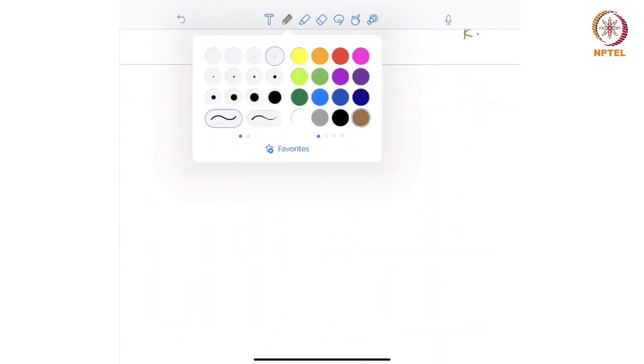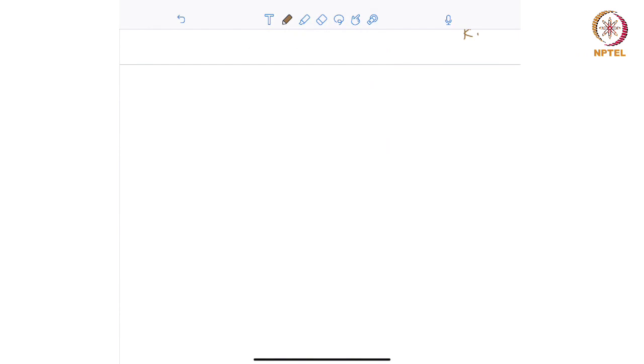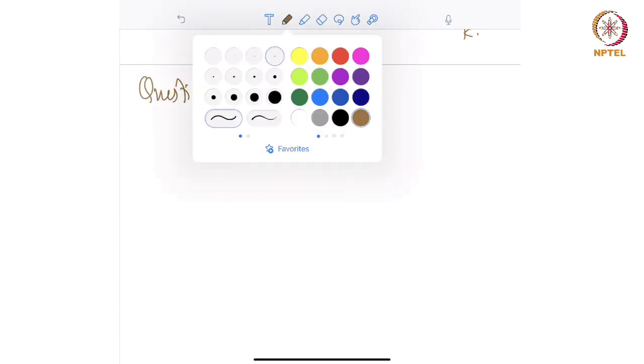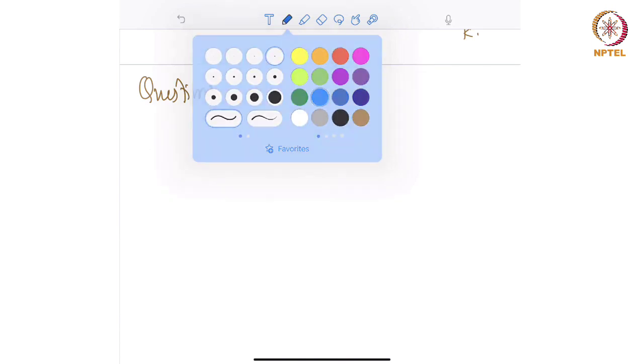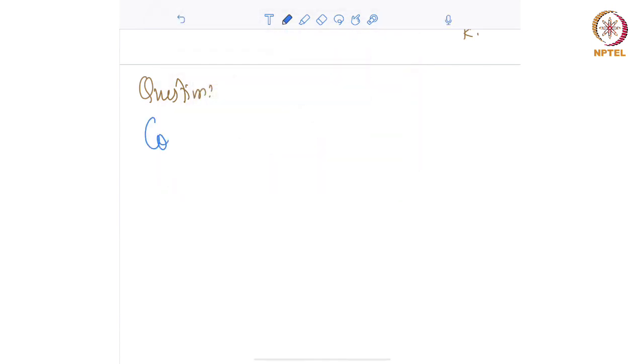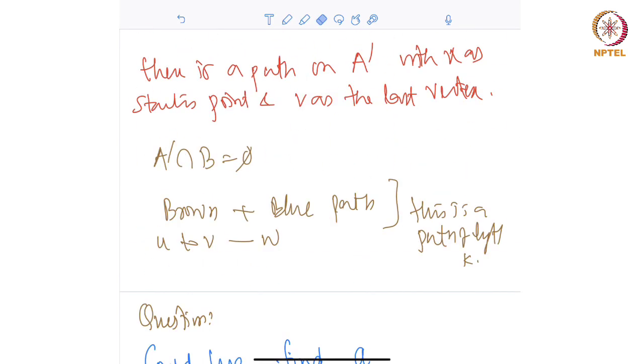So the question could be phrased as: find a set or family. So this is the setting which we are in.